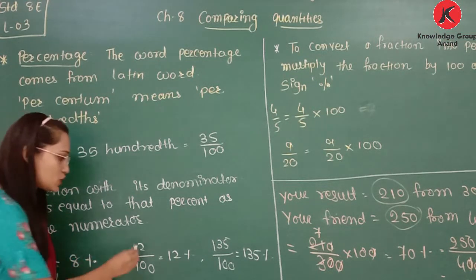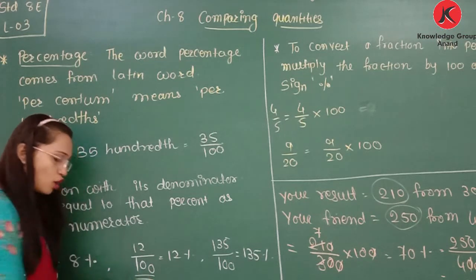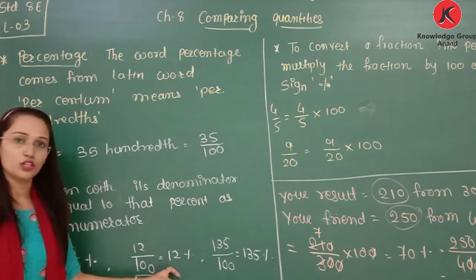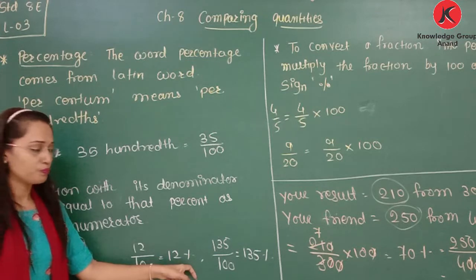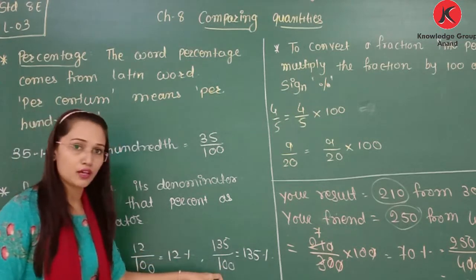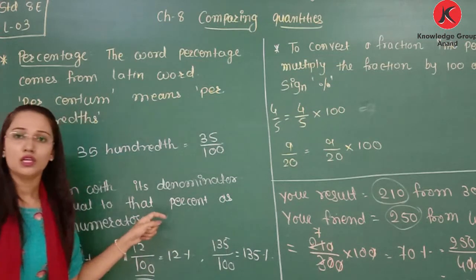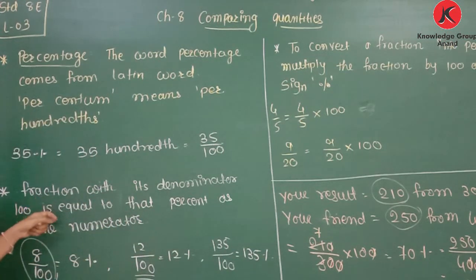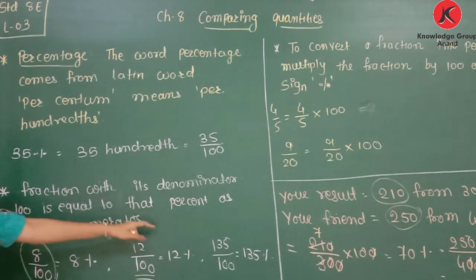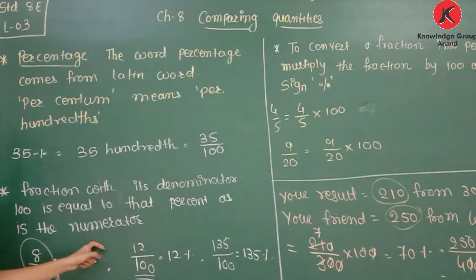Here the fraction is 12 by 100. Again the denominator is 100, so the percentage is the numerator, that is 12%. If we have 135 by 100, it is 135%. The statement is: if we have a fraction with the denominator 100, then the percentage is the numerator. Clear?